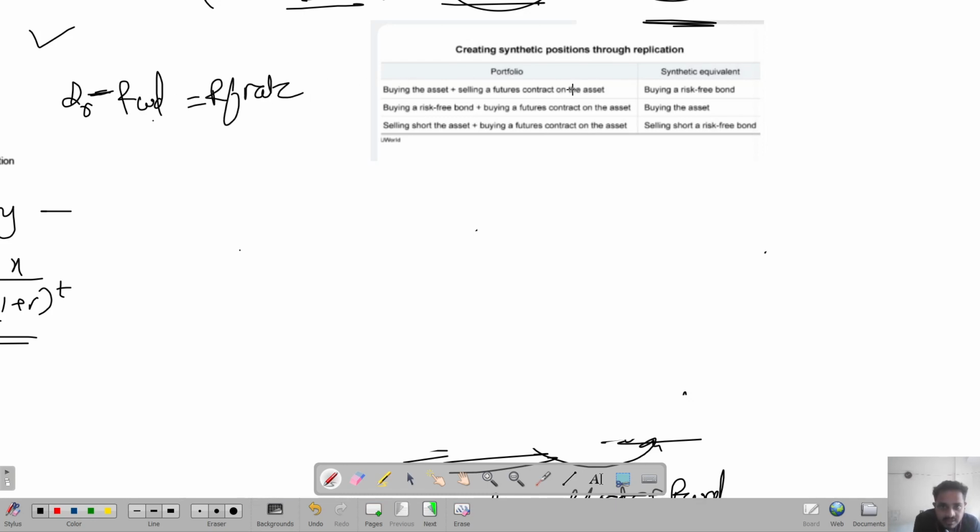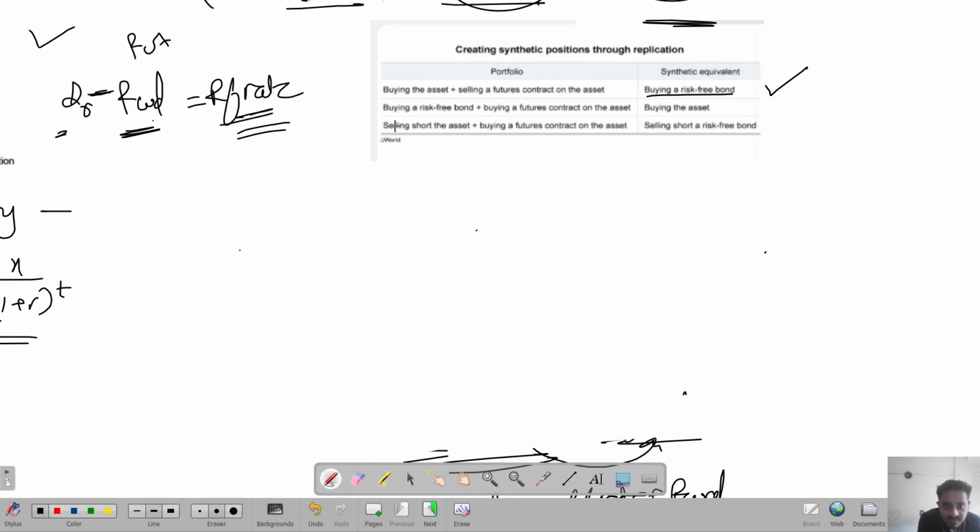So let's look at the first one, buying a risk-free bond. A risk-free bond is the same as buying the asset plus selling a futures contract on the asset. So if I short a futures or forward contract, it is the same as buying a risk-free bond at the risk-free rate.